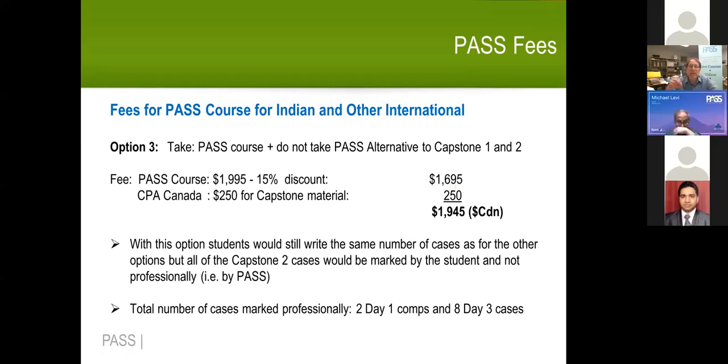Mohammed is asking, what does marked mean? Mohammed, marked means you write a case sitting at your computer. You're answering a question on Word and Excel. You email your answer to me. I give it to a marker. The marker has a marking guide. They mark your case based on the passing formula, a system that we explained right at the beginning of the course. Then they will email it back to you.